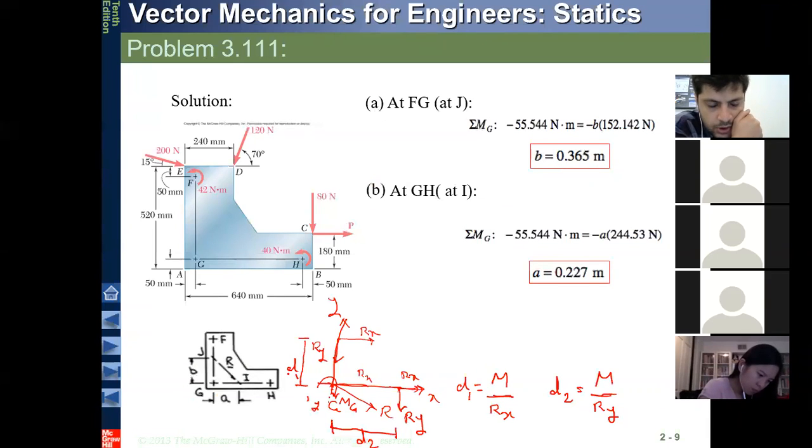Well, D1 here is the distance from point G to point A. So this is something over here. Okay, this would be A, and B would be on the line GH. This is B.